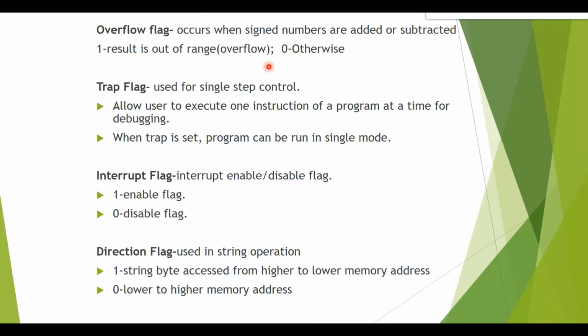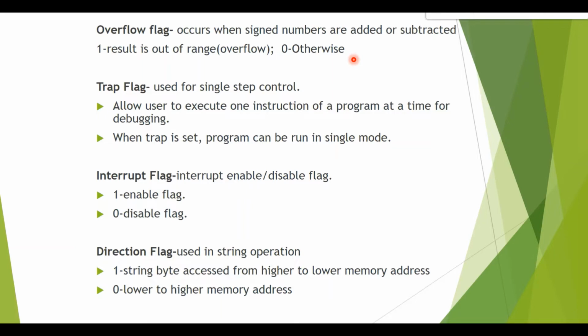The overflow flag is again used for the signed number, and when the signed numbers are added or subtracted, and if the result is out of range, that is again if 8 bit data and your result is of 9 bit, then this flag will be set. If the overflow is not generated, then this flag will be reset.